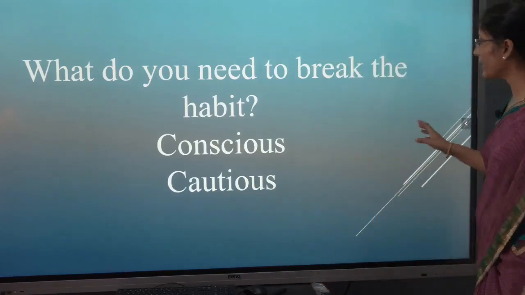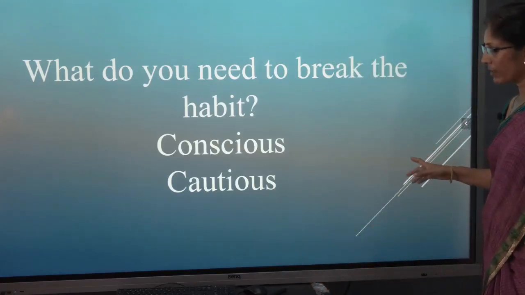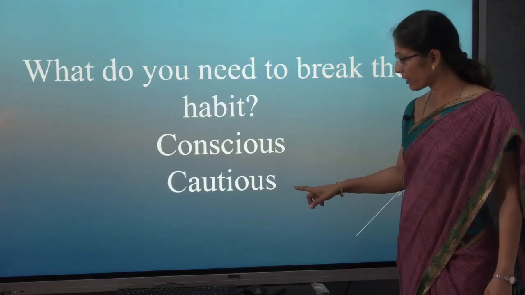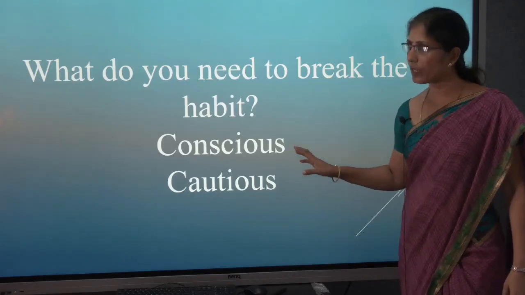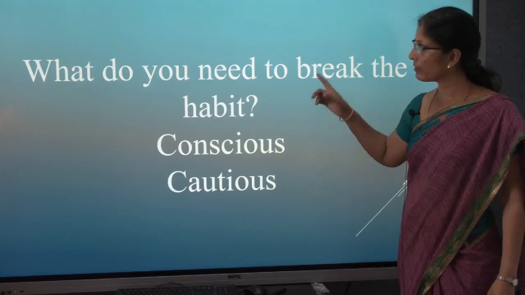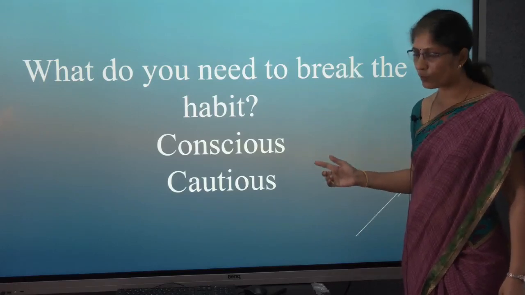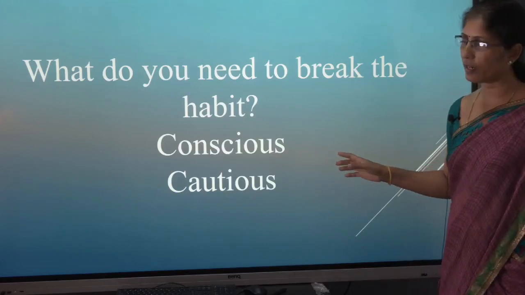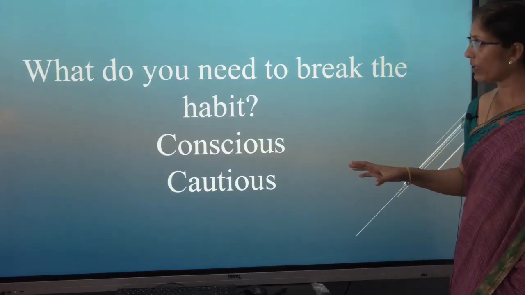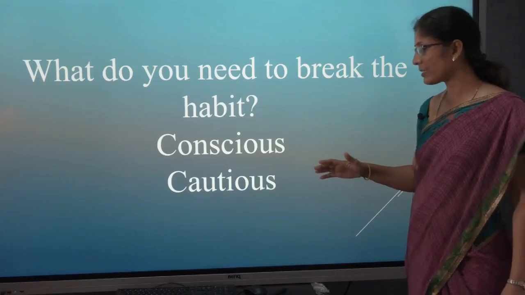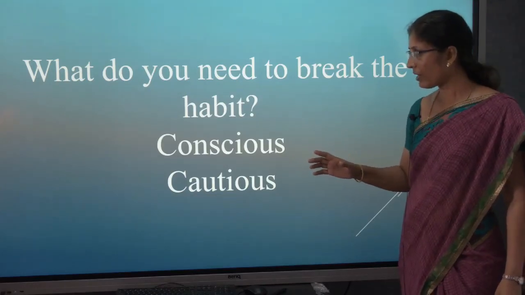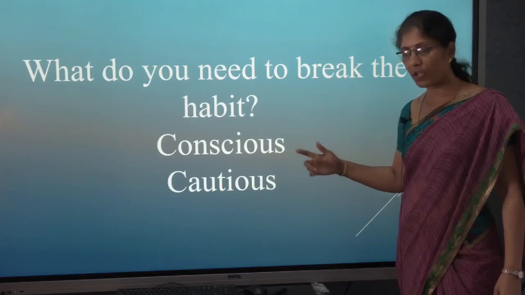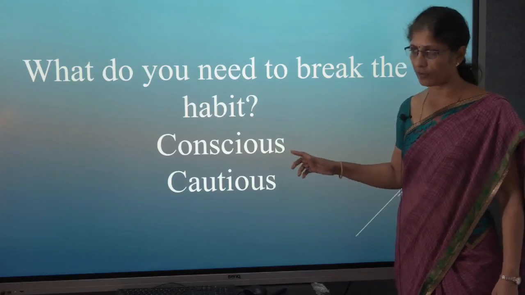What do you need to break the habit? We need consciousness and cautiousness. In a class of 63, with these different types of students in a classroom, it is not possible for the teacher to correct their language at this level. Students reach a certain stage and they should be cautious and conscious about what they are using and how they are using it.